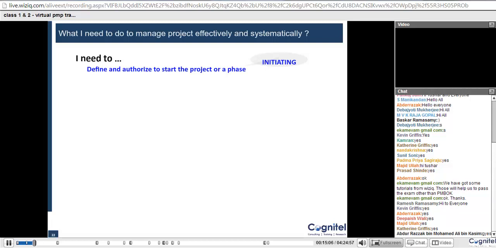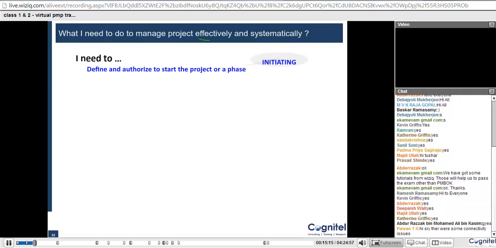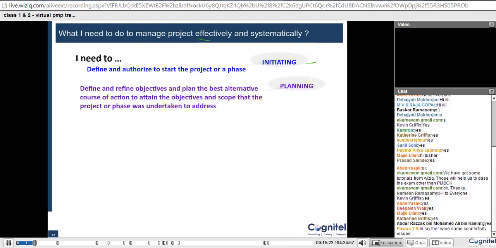So what do I need to do to manage a project effectively and systematically? First of all, we need to define and authorize our project or a phase, and that's what we do under initiation. After that, we need to define and refine our objectives and make certain plans on how to execute our project, which is done under planning.